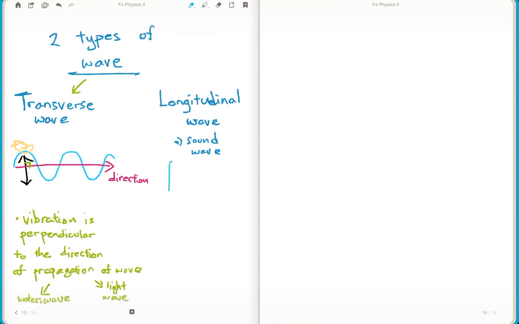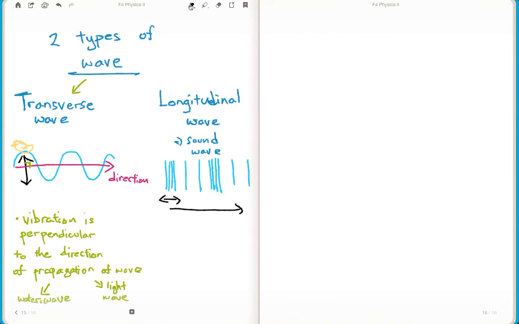The air compresses, like what I showed you in the paper, the line is compressed on one side, and then decompressed, and then compressed. 1, 2, 3, 4, and so on and so forth. Okay, because here the vibration of the particle is left right, and it travels from left to right.